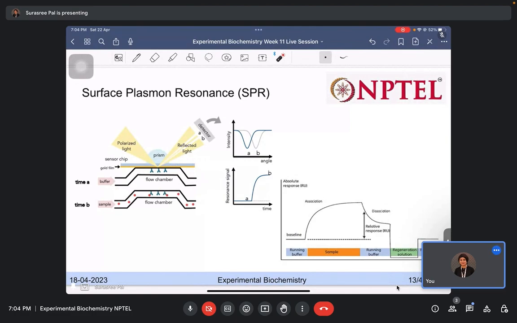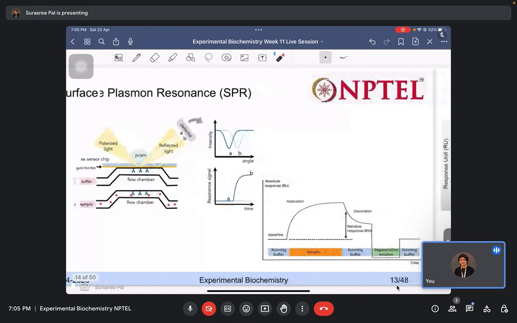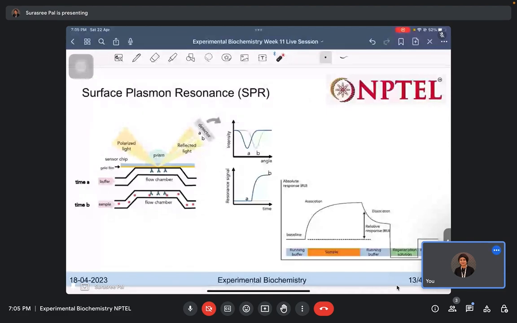Now, when we run buffer through this flow chamber, the proteins do not interact with or bind to the buffer. So when the buffer flows through this chamber, there is no change in the refractive index.